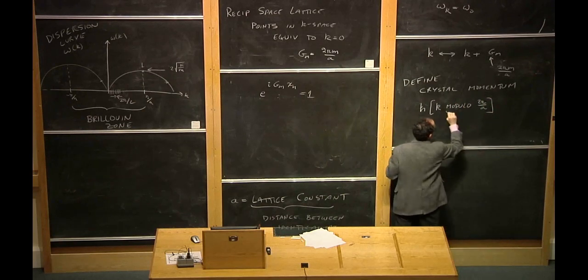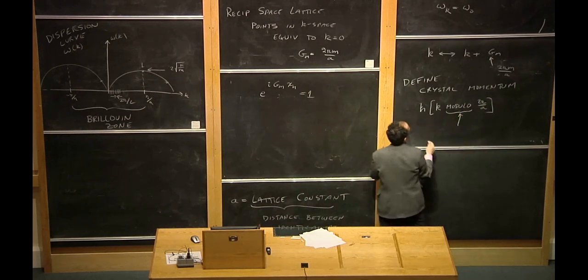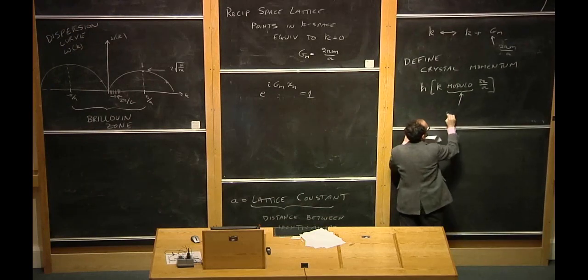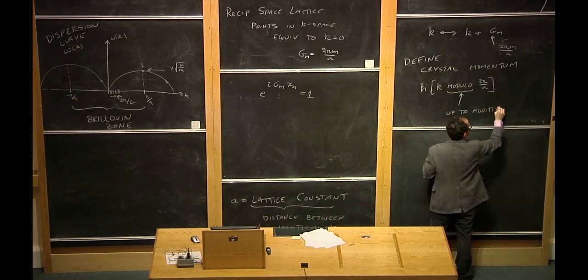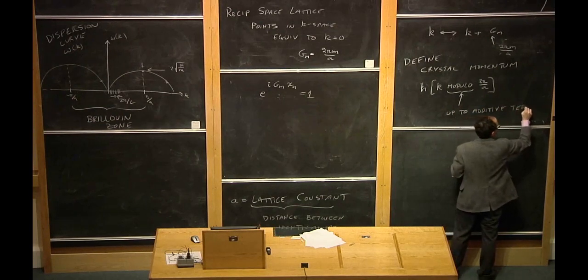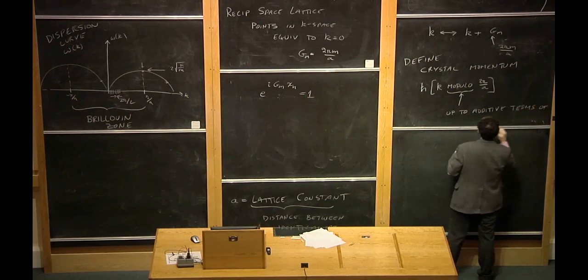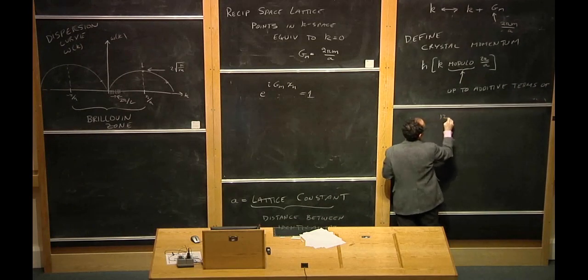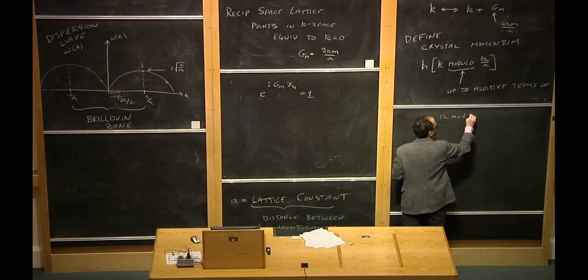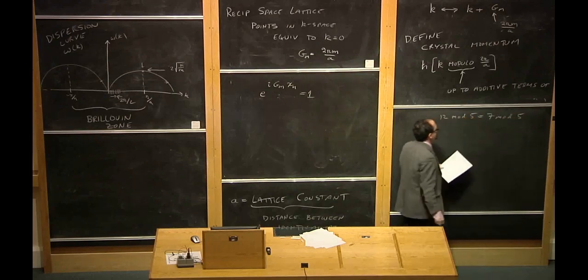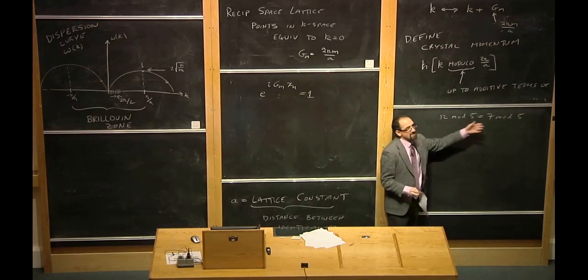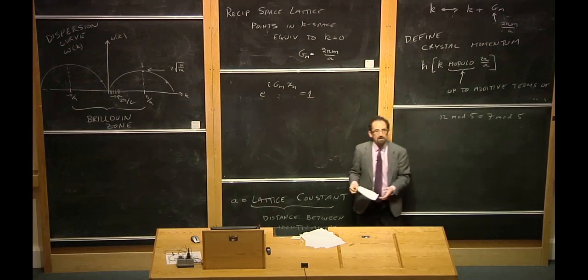Now, what does modulo mean? Modulo means up to additive terms of. So, for example, 12 mod 5 equals 7 mod 5, because up to an additive term of 5, 12 and 7 are the same. 2 mod 5 is also the same.